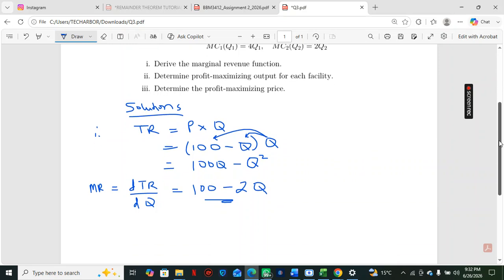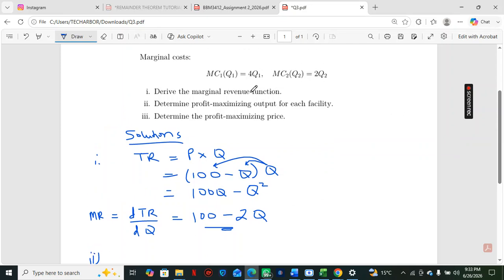Okay. Part 2, determine the profit maximizing output for each facility. Okay. So the first thing to remember is this. Whenever you've got two marginal cost functions, always remember that your total output, Q, is equal to the output for the first facility plus the output for the second facility.